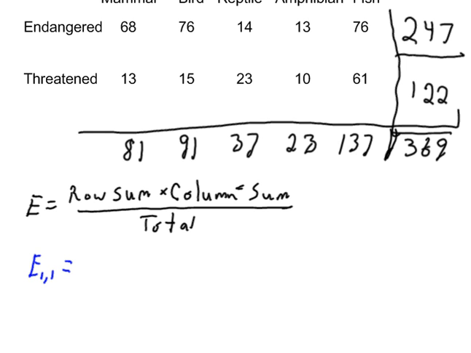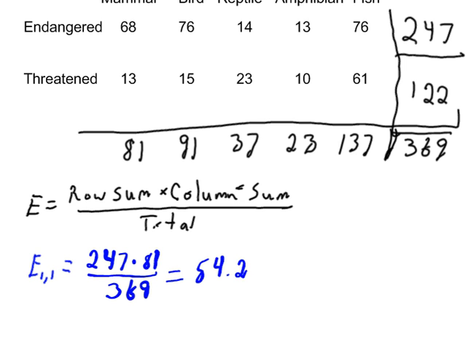And that would be first row 247, that sum, times the first column sum, 81, over our total, which is 369. 247 times 81 over 369, which is 54.22.